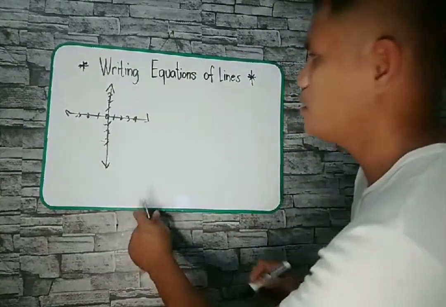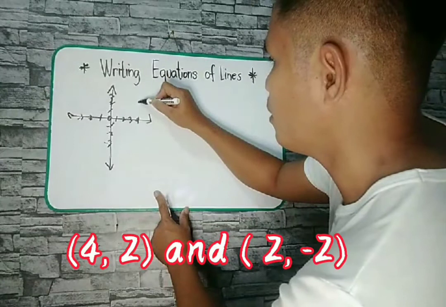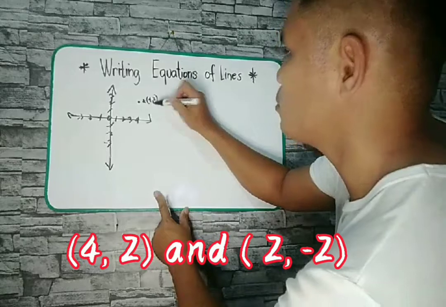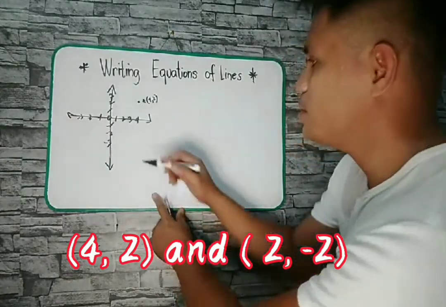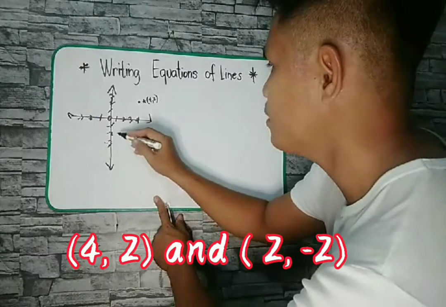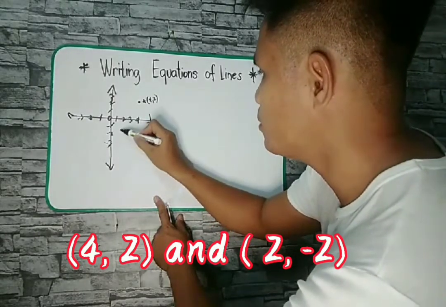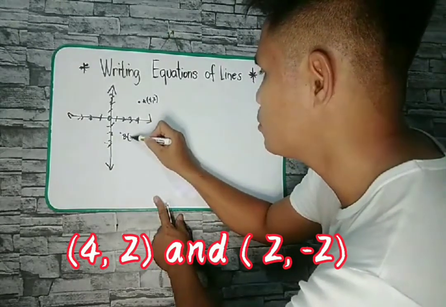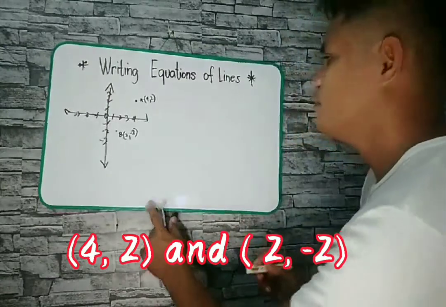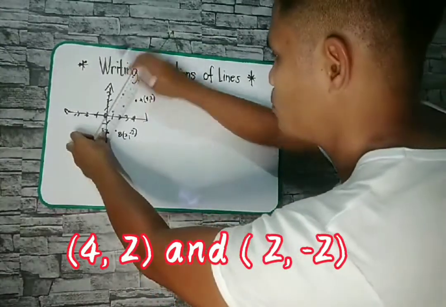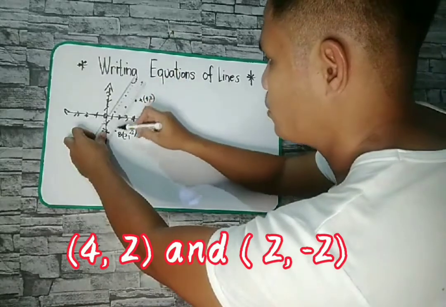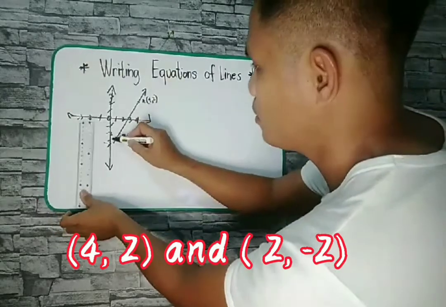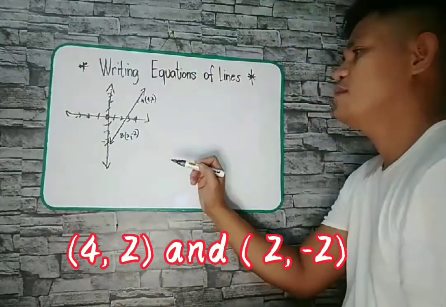Suppose we have a coordinate point, let us say point A is at (4, 2), and the other one is point B at (2, -2). Of course, we're going to create a line using those two points by connecting the two points. Okay, so this will be our given line.